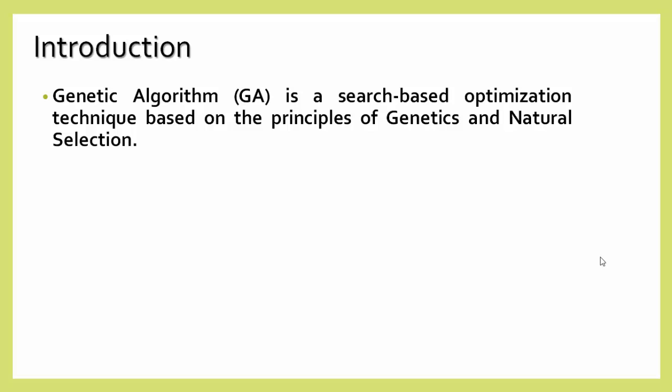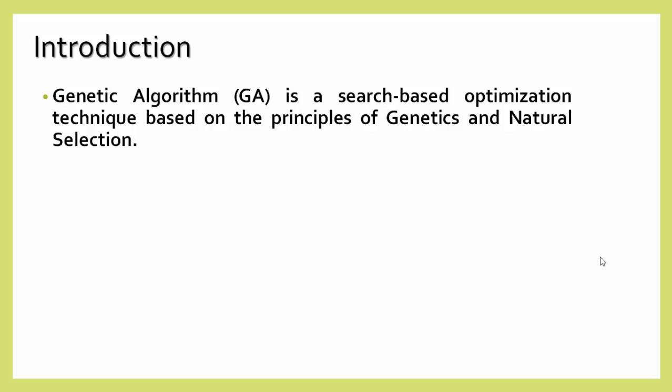So in this concept of soft computing, we will see what the uses of genetic algorithm are. Basically, when we are talking about soft computing techniques, genetic algorithms are mostly used for optimization techniques.